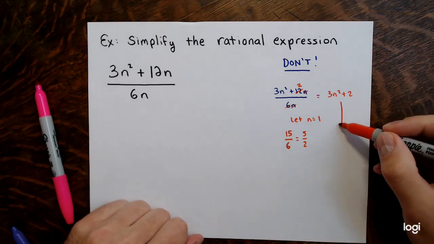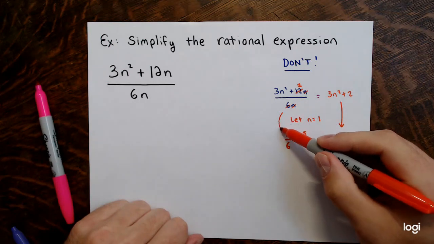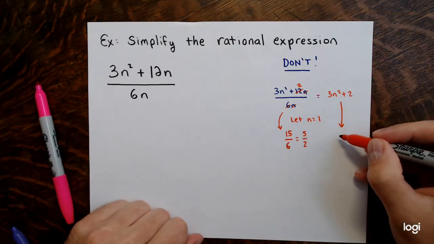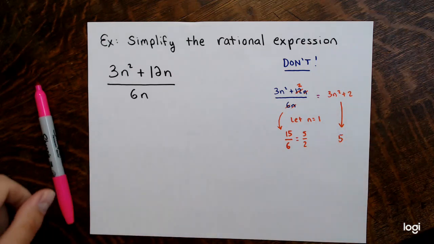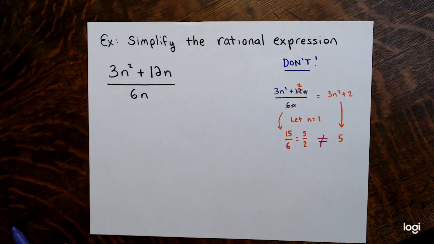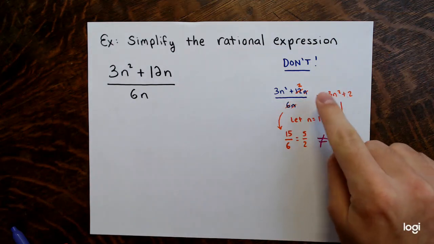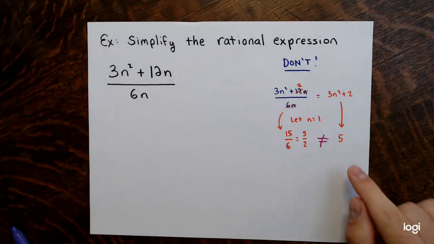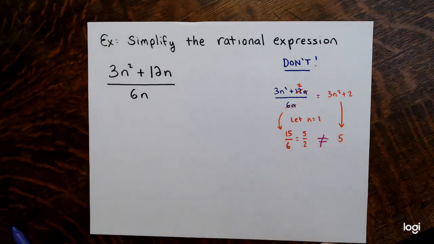But over on this side, when n equals 1, you do 3 times 1 squared, which is just 3, plus 2, and you get 5. And these are clearly not the same number. So if you're saying, hey, these are equal, I can just cancel these and say it's 3n squared plus 2, you're not getting the same value for every value you replace n with.